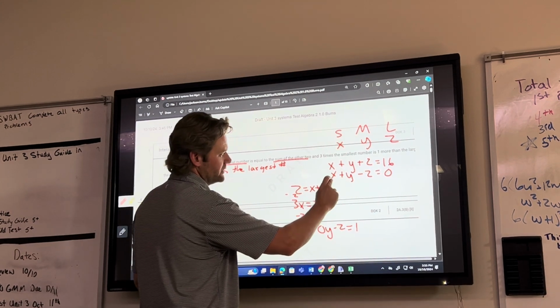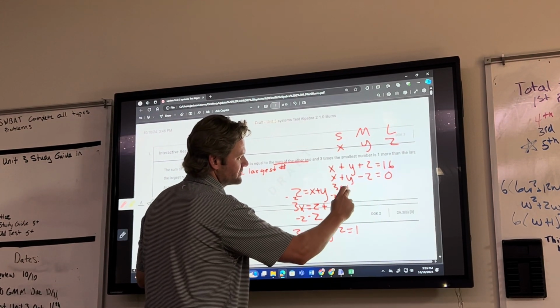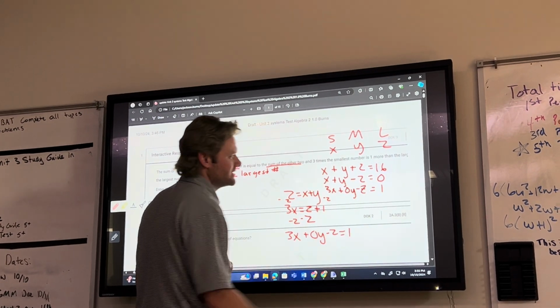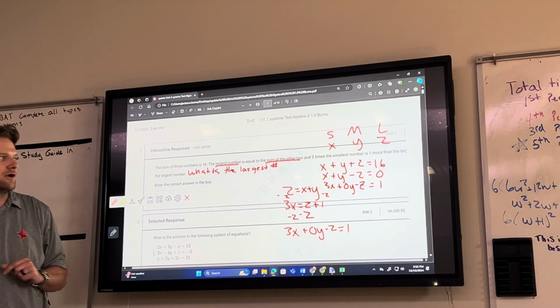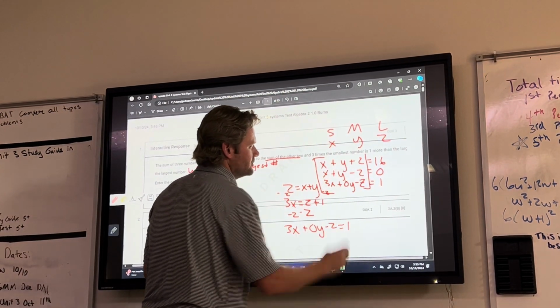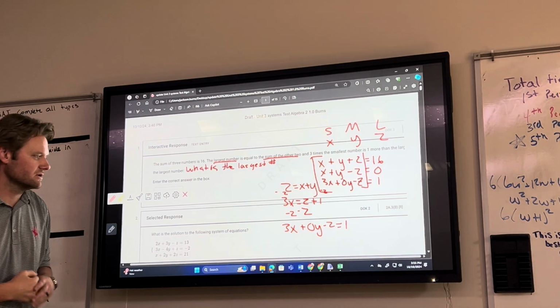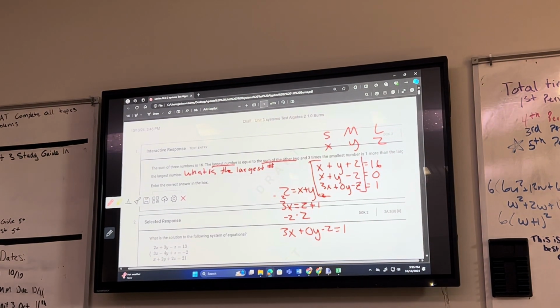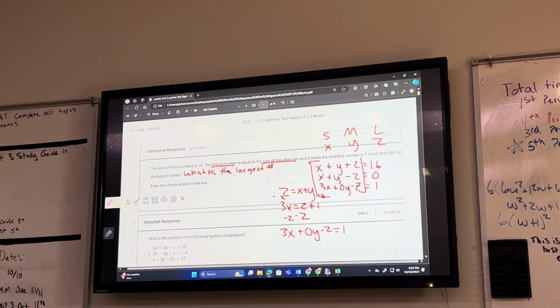So now I'll put in my 3x plus 0y minus z equals a positive 1. So you have to manipulate your equation to get your matrix, and then it's just as simple as doing our matrix in our calculator, putting it in the form there.